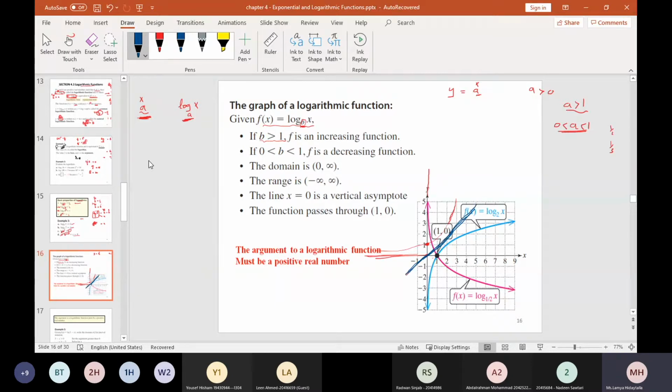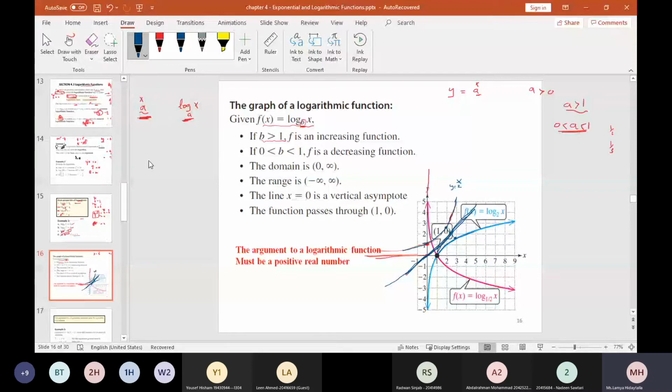If this is my point on the function, this is the other point on the inverse. The line y equals x is just like a mirror, and then this is the reflection. So this is the inverse of my original function, which was the exponential function, y is equal to 2 to the power x.